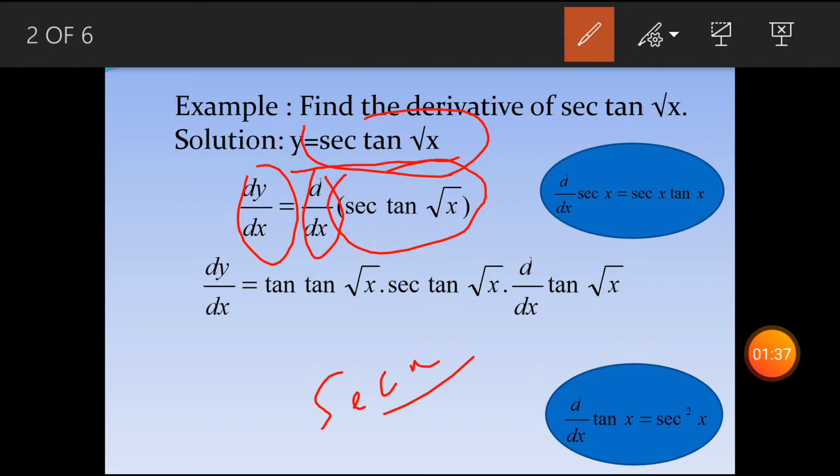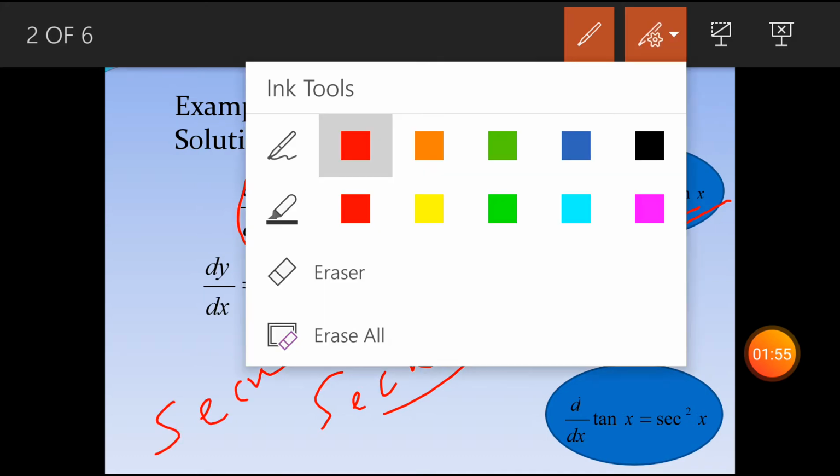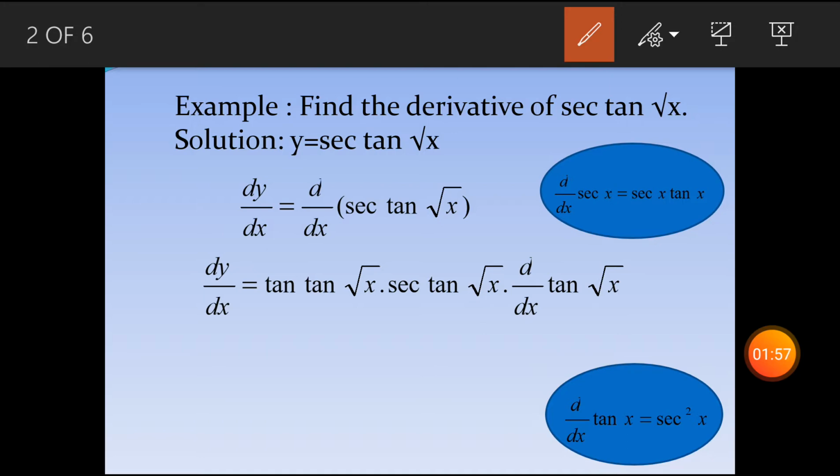In 11th standard you read all the formulas. The differentiation of sec x is sec x tan x. So now just remember the formula and use it. Let me write it clearly. The formula is sec x tan x.